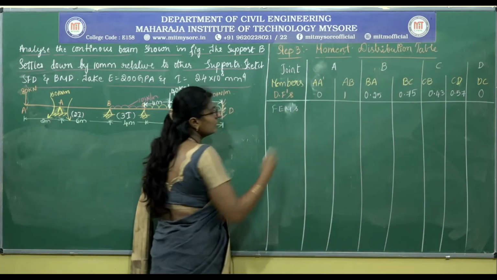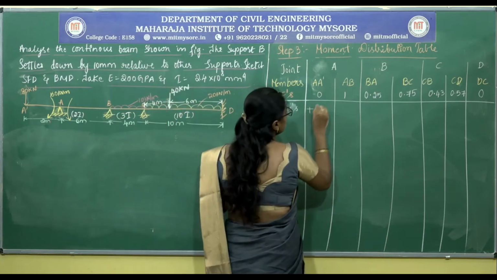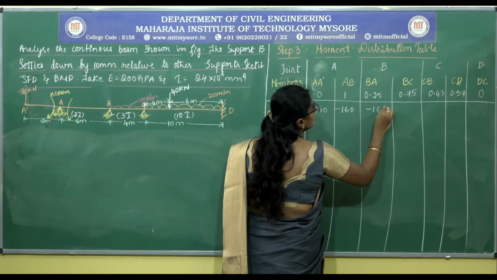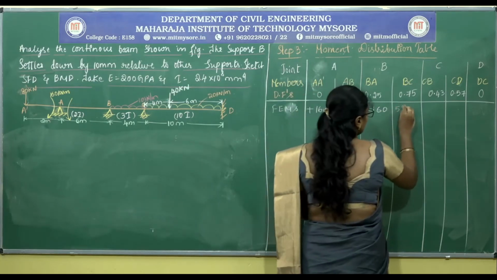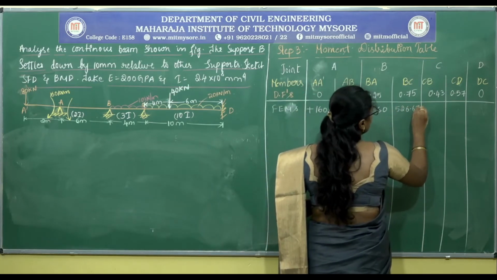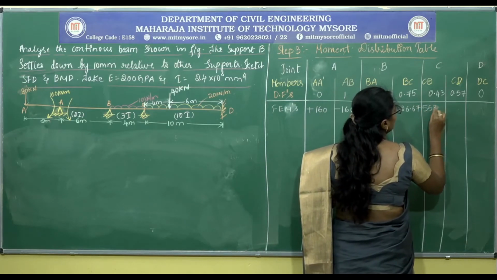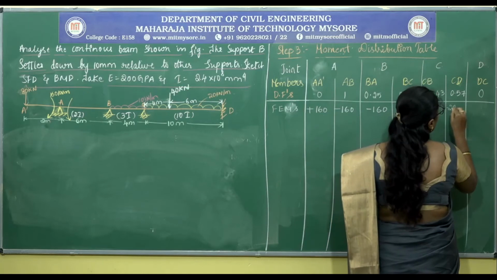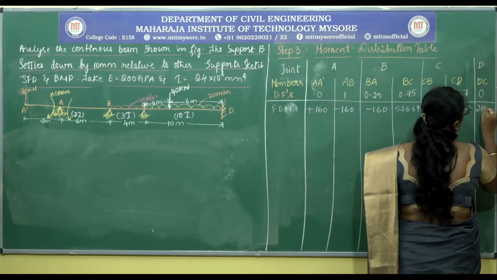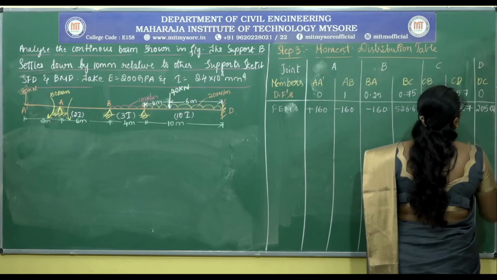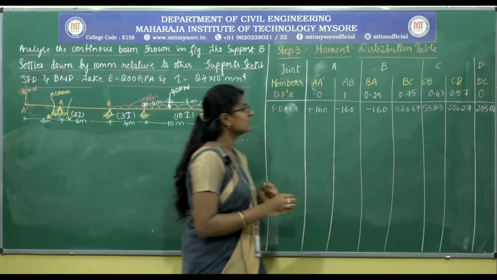Now write down the fixed end moments calculated: plus 160, minus 160, minus 160, 526.67, 205.07. These are the fixed end moments.